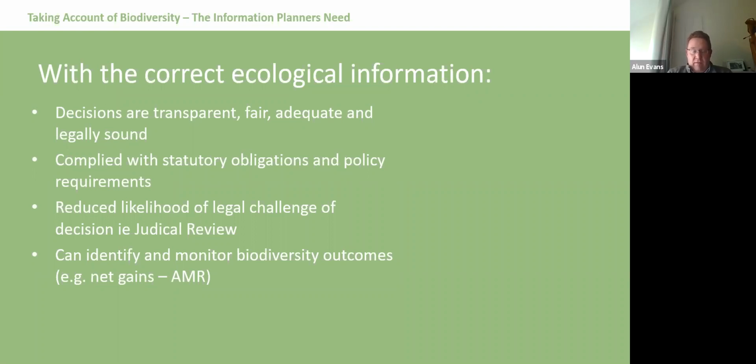And with the actual calculations and information being provided, and what net gains have been delivered, as part of the local plan annual monitoring reports, the local plan authority can demonstrate that net gains are being achieved.